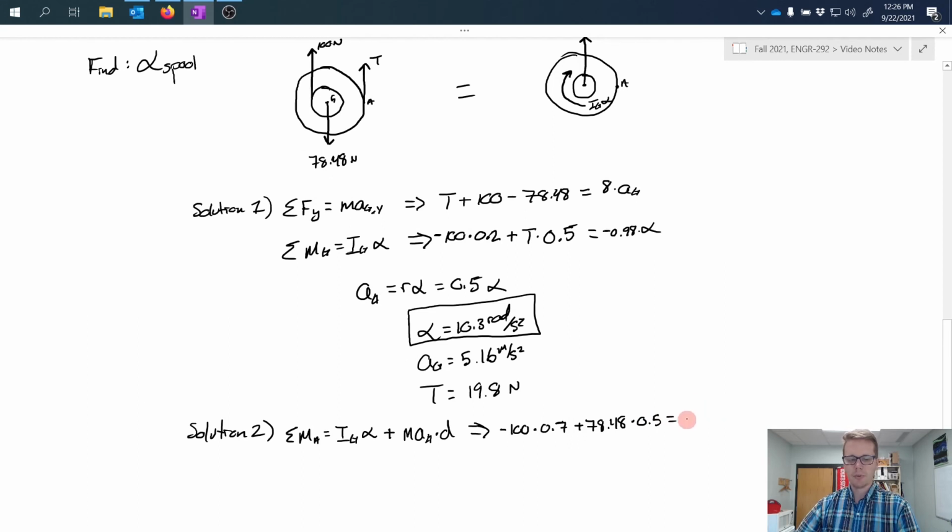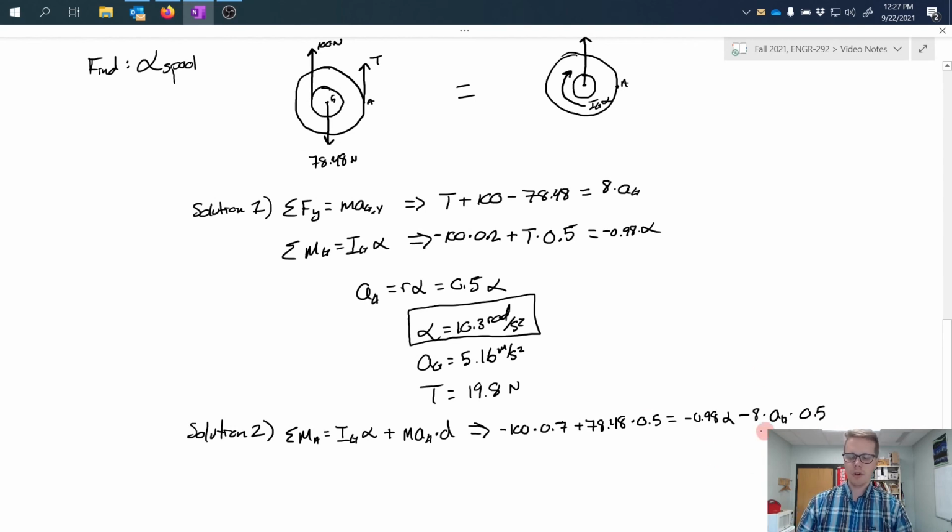Set this equal to the right-hand side, which is 0.98 alpha, and clockwise contribution as well, so minus sign from m a_G, which is 8 times a_G times 0.5.